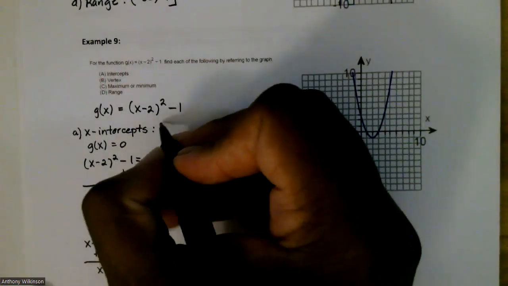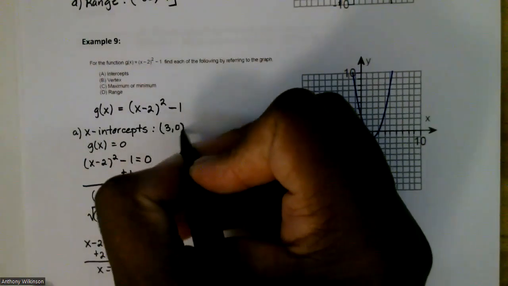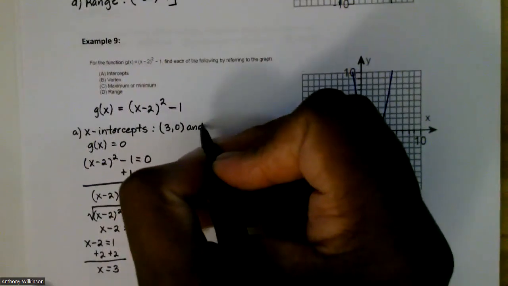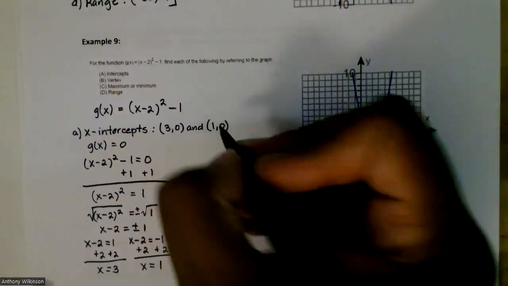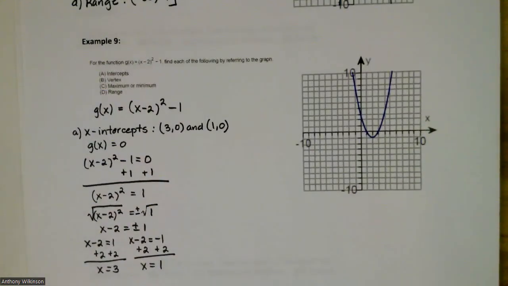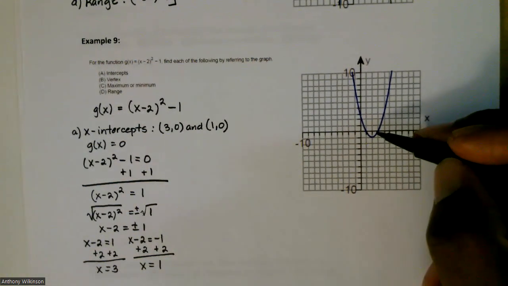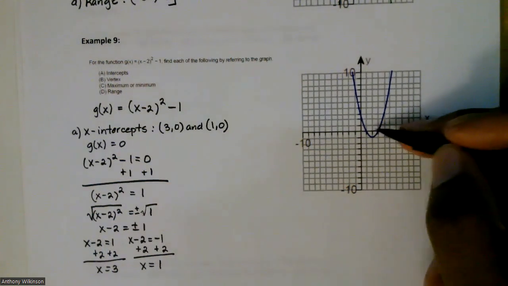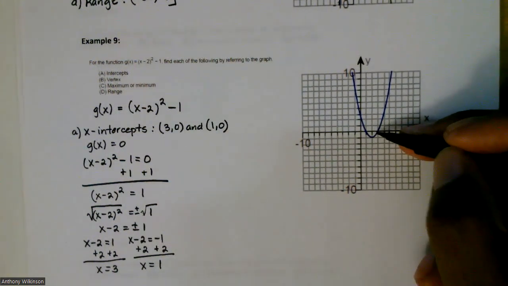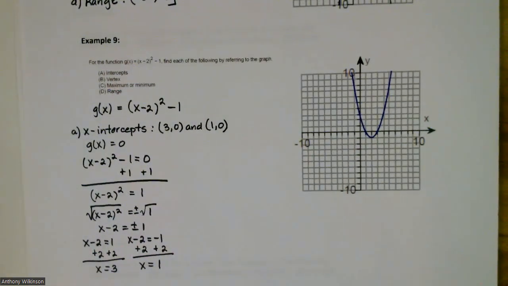So my x-intercepts are (3, 0) and (1, 0). Now that's one way you can verify that you have your x-intercepts here. You can probably just look at the graph, and you'll see at (1, 0) and at (3, 0) are your x-intercepts. This is just another way of coming up with your x-intercepts.